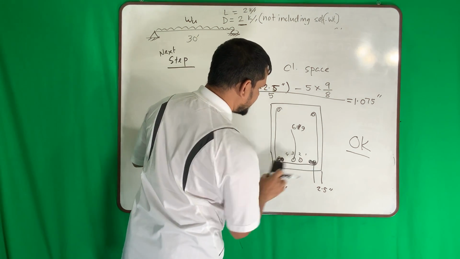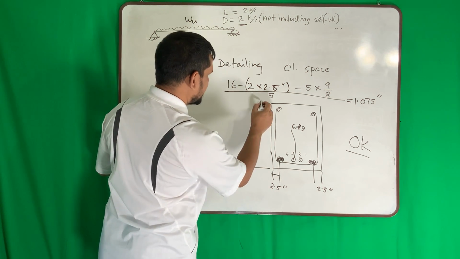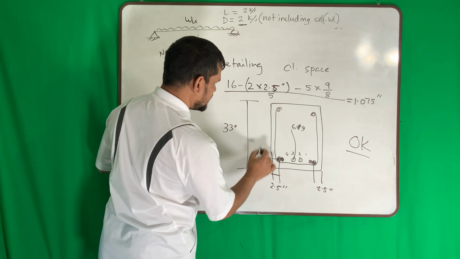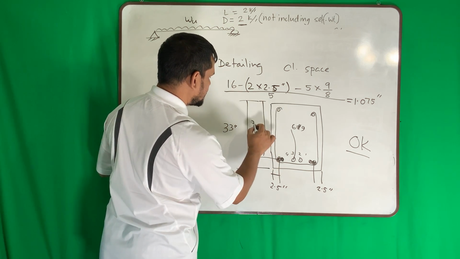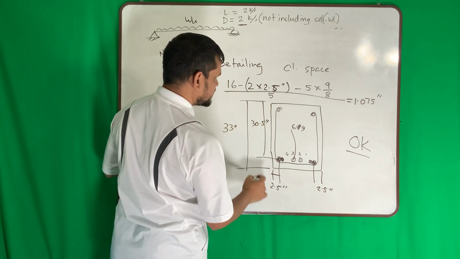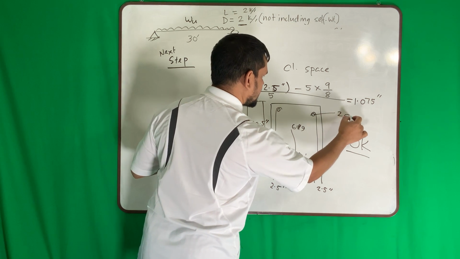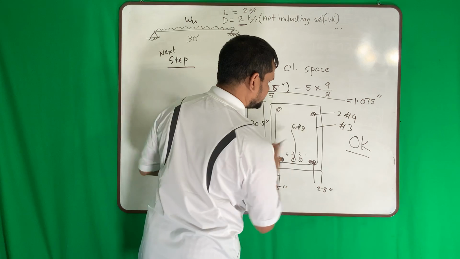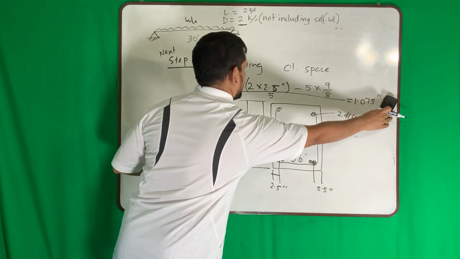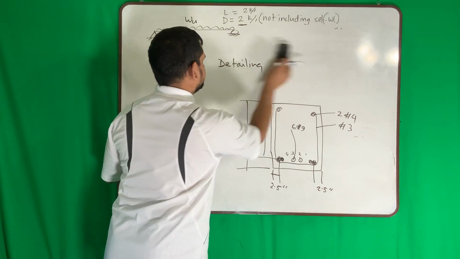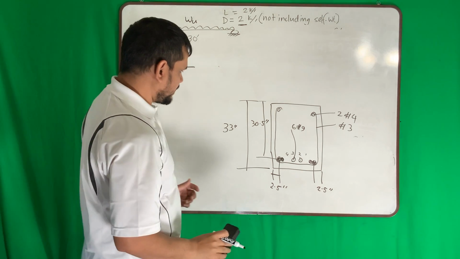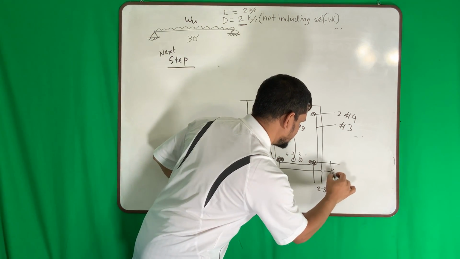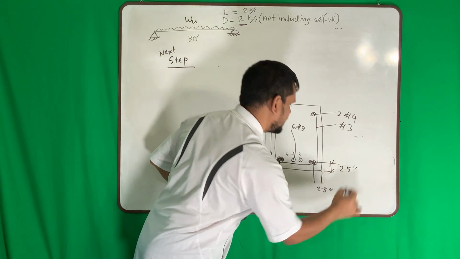We decided to bundle here. Then show everything clearly. This is 33 inch. Here to here is 30.5 inch. This is 2 number 4. This is number 3. And here to here is 2.5.